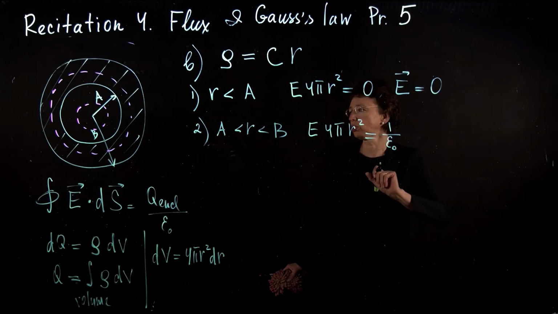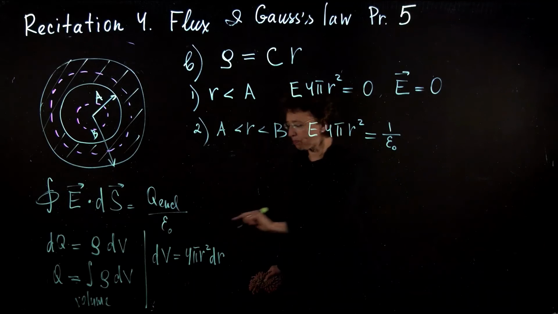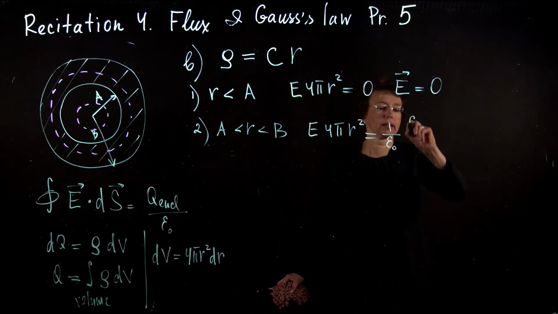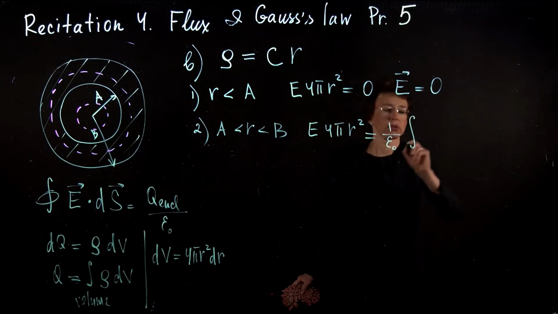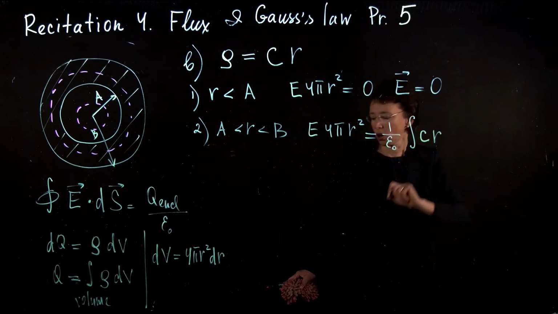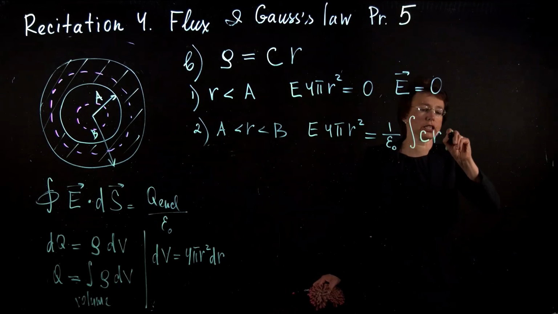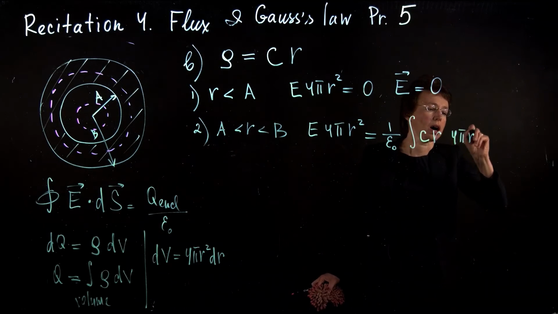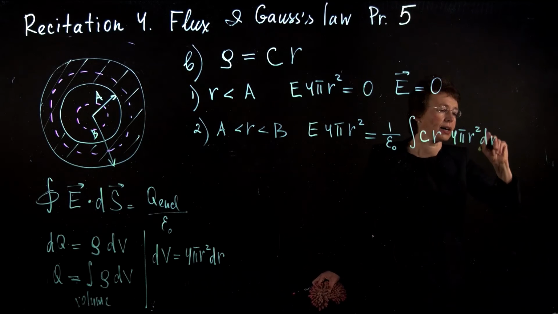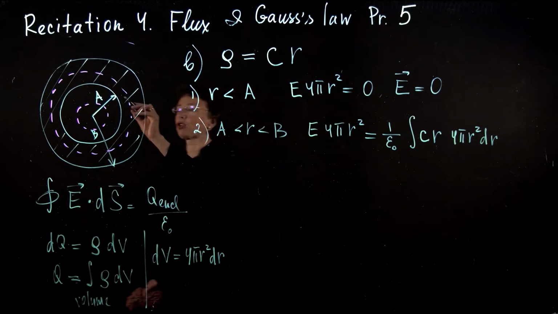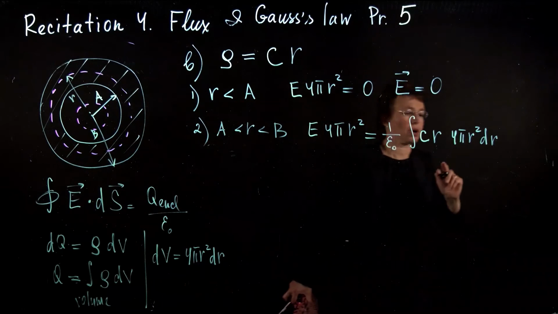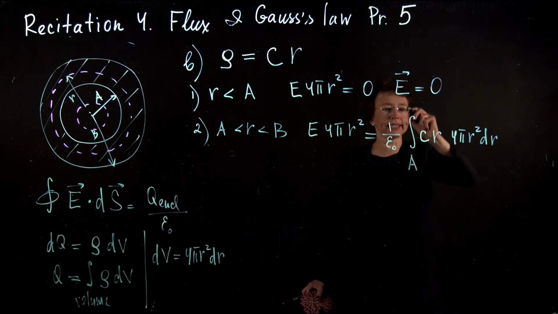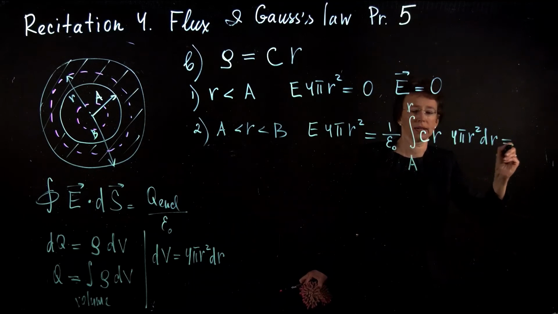I need to write q enclosed, which is the integral of rho, where rho is provided, it is C r, rho dv, and dv is 4 pi r squared dr. The limits are from A to arbitrary r, where arbitrary r is the radius of the Gaussian surface. So I integrate from A to r.